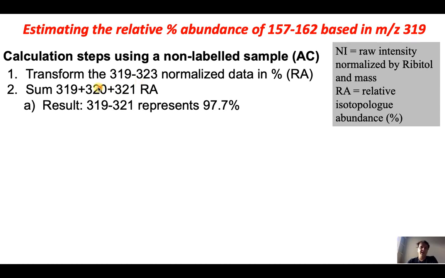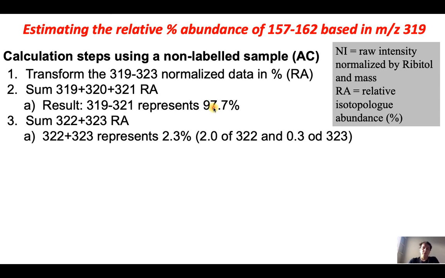And then we sum the relative abundance of 319, 320, and 321, so M0, M1, and M2. The total in this sample was 97.7%. So why did we do that?